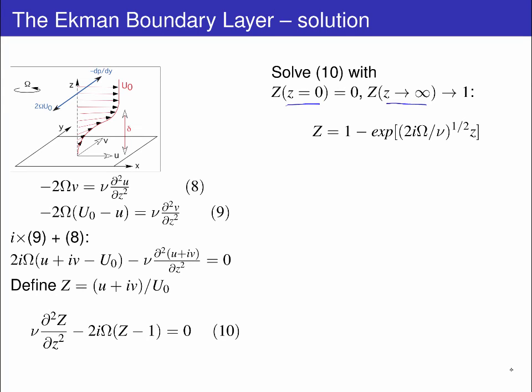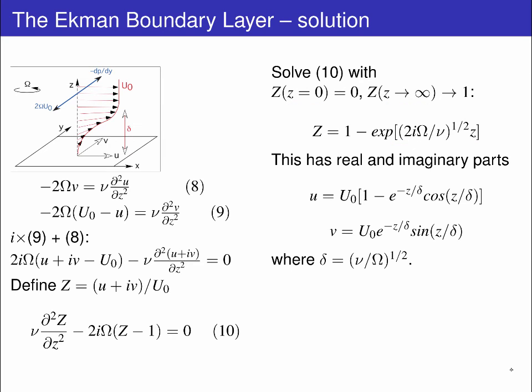The solution is Z equals 1 minus the exponential of the square root of 2I omega on viscosity times little z. This solution has real and imaginary parts, which can be separated and rearranged for u and v, where we have made the substitution for delta as the square root of viscosity on omega.